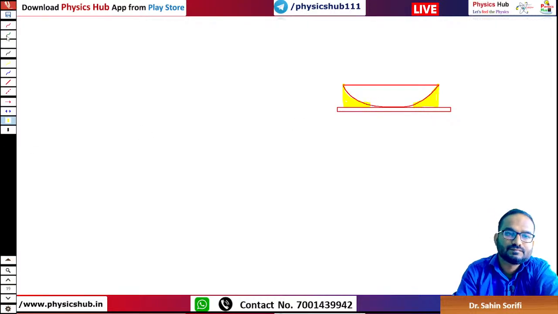Although I have shown it a little larger, imagine the film contained here is very thin. The film is contained in this way. Let's say one light wave is coming here. One part of it is getting reflected directly.